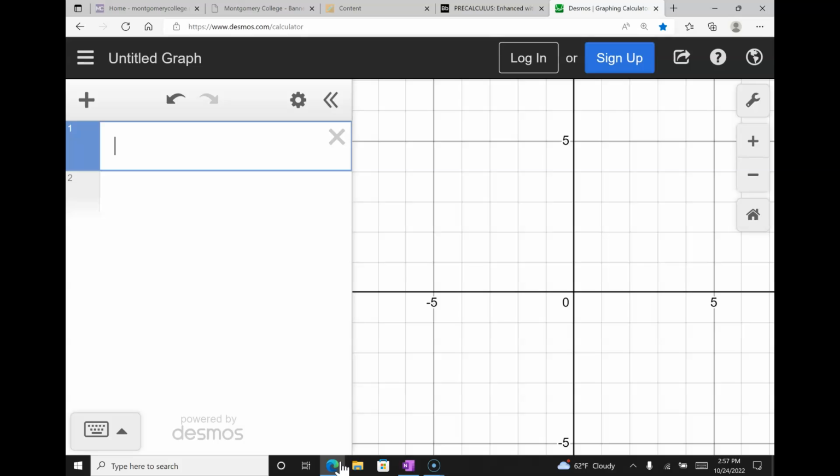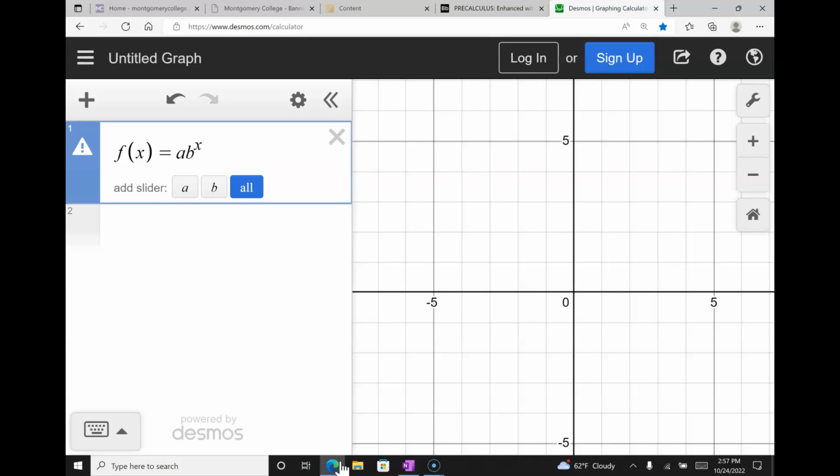and write f of x is equal to a times b to the x minus c. Oops, sorry. It won't let me do it.